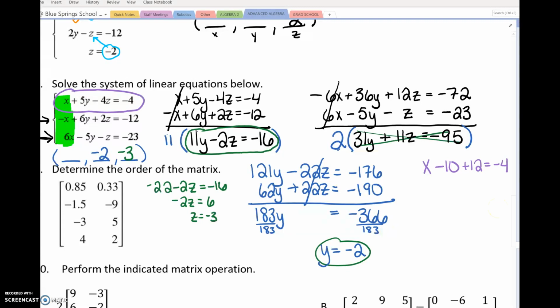So all I did was plug the -2 in here and the -3 in there. So that's x plus 2 equals -4. So x equals -6.